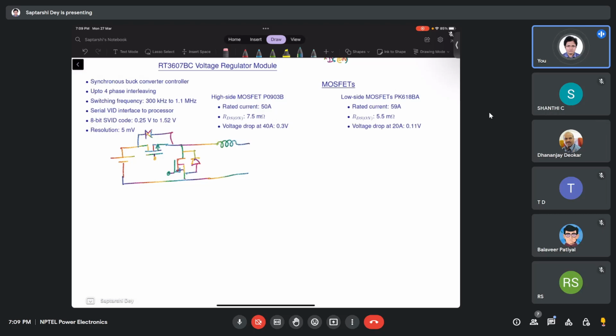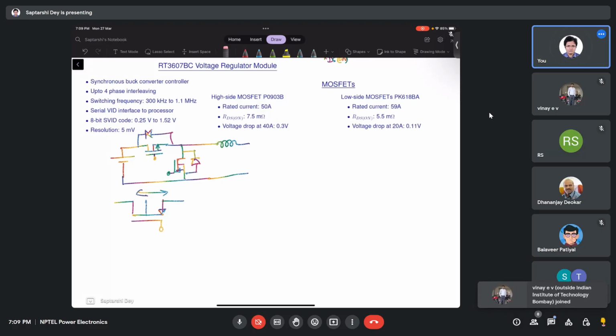Now what is happening is, when you turn on a MOSFET and the channel is formed, it can carry current in both directions, in this direction and also in the other direction.